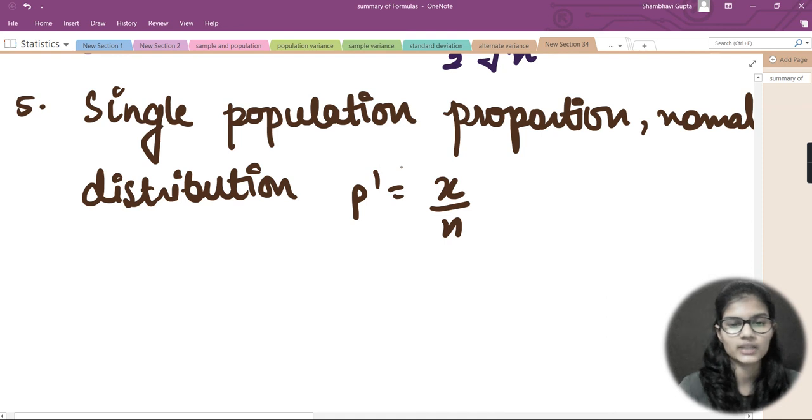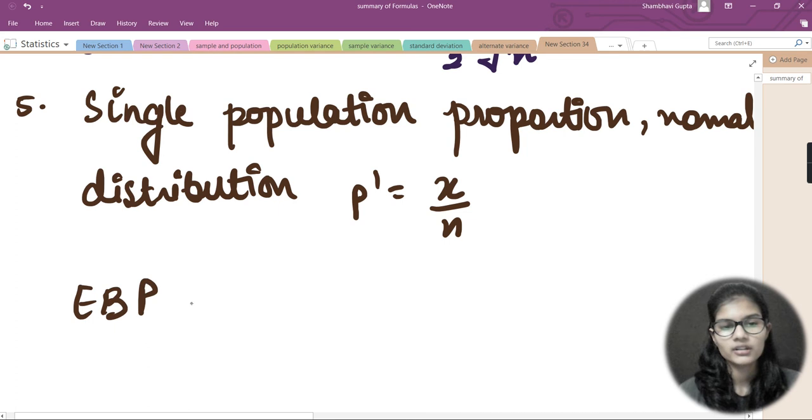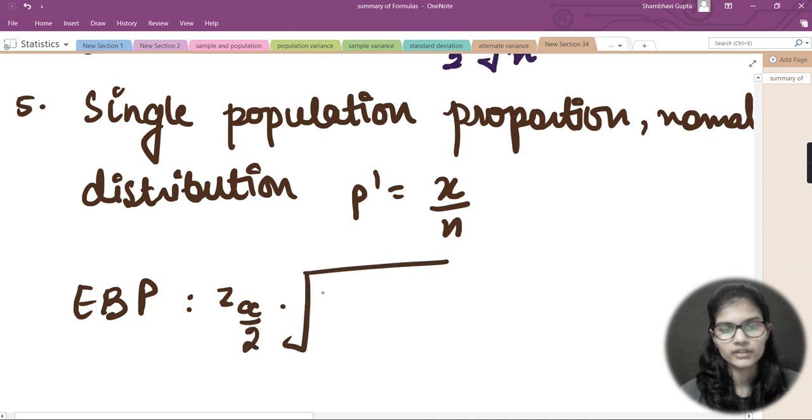And how do we find the error bound for the population proportion? EBP has the formula z of alpha by 2 multiplied by the square root of P dash multiplied by Q dash upon n.